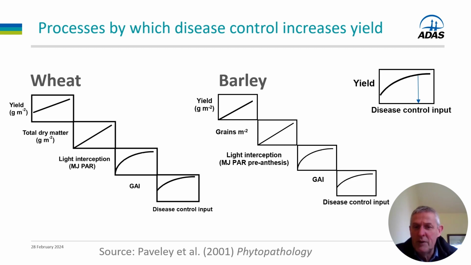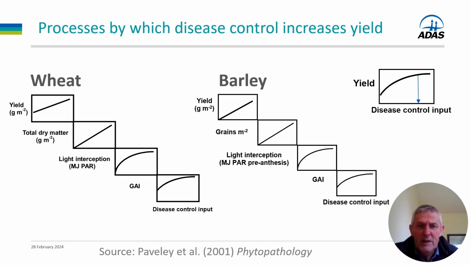And that means there will typically be an economic optimum amount of disease control input beyond which the costs of additional input are not paid for by additional yield because we're approaching the plateau.